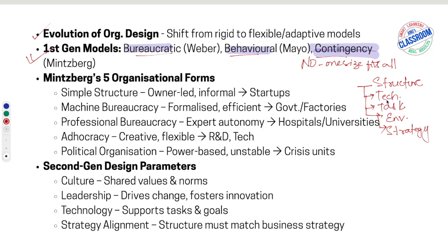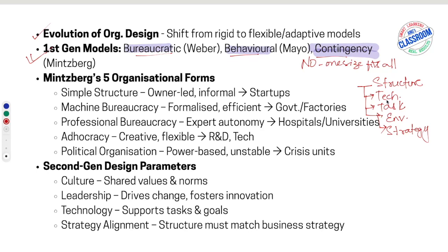Maybe it is directly run by the owner, like you yourself, with minimal rules and an informal setup. Say you are creating a roadside shop or something like that. It is also an organization, right? So let's say you're setting up some organization, like a roadside stand or a small shop. You might not have the resources to employ a lot of people over there yet.